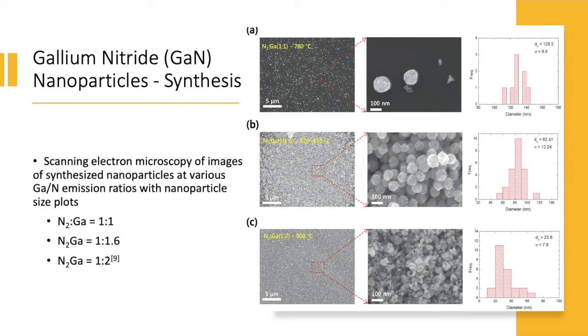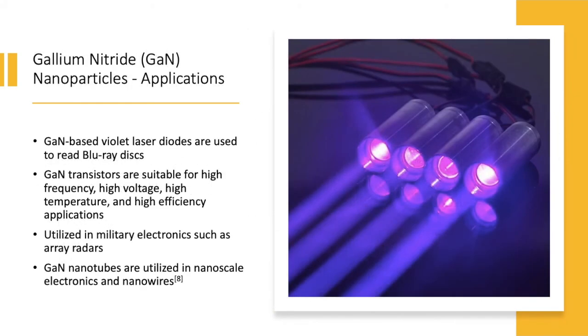As you can see through the images and the graph on the right, as the ratio increases, the diameter of the particle decreases. The 1:1 does produce a relatively large size, and as the synthesis ratios decrease, the particles get smaller and smaller.